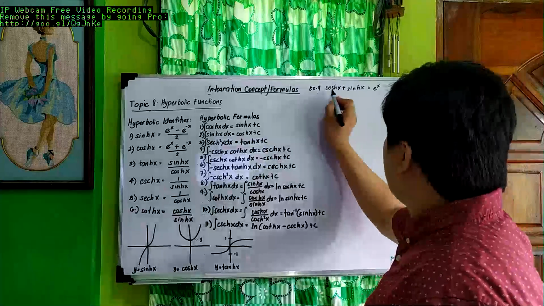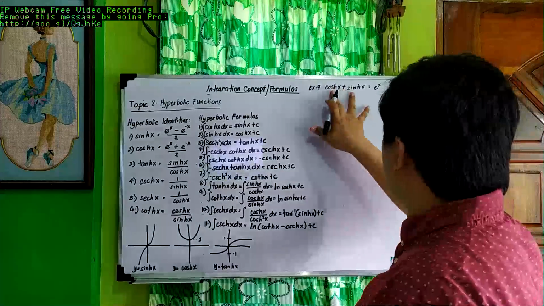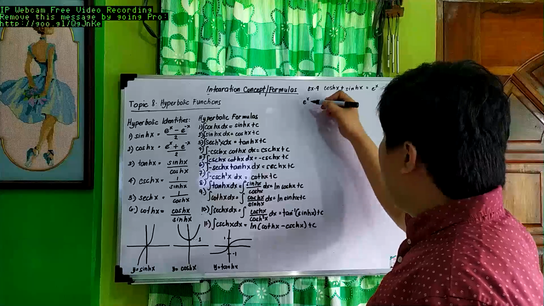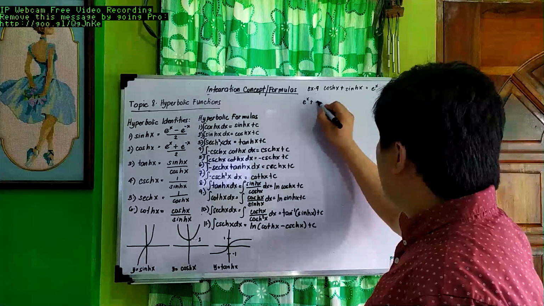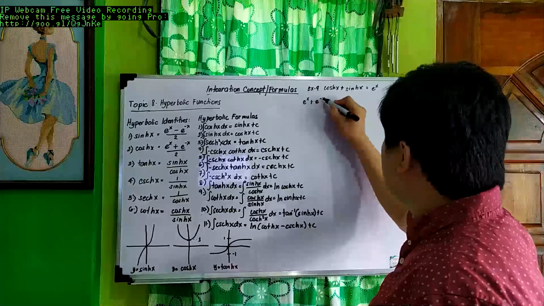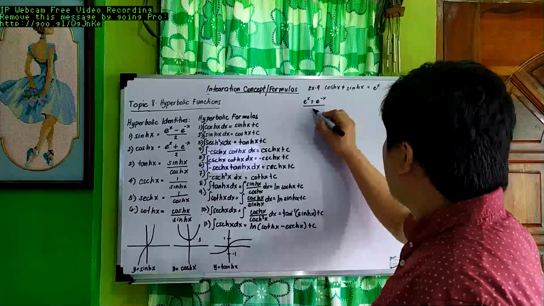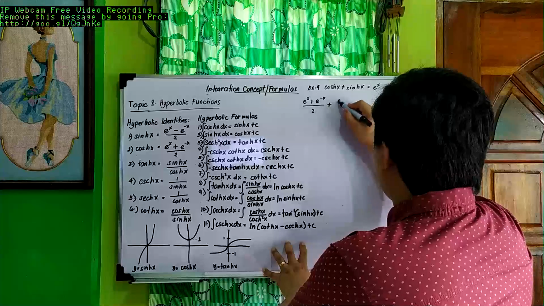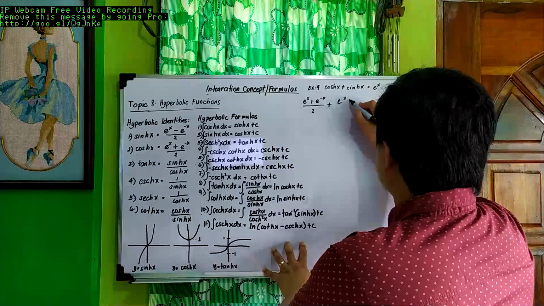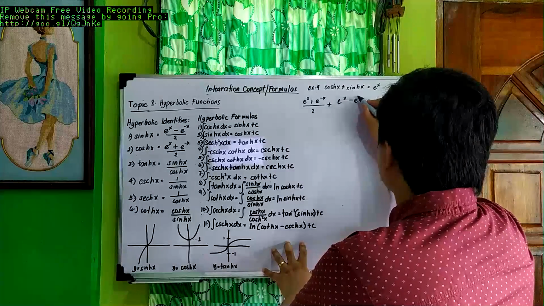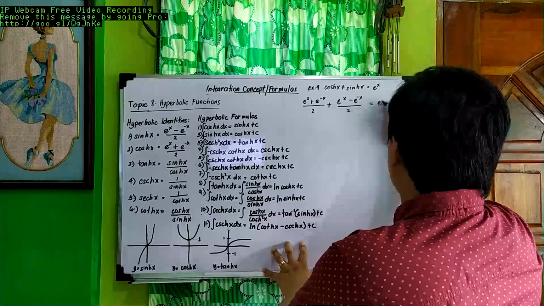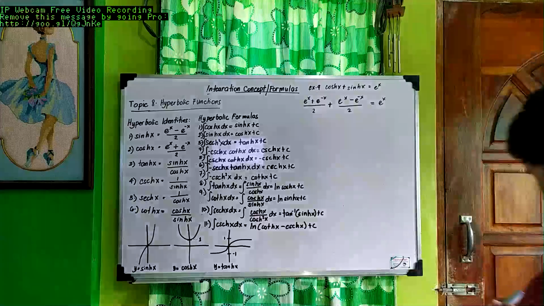So, let's substitute the equivalent of these two, that is e raised to the power of x plus e raised to the power of negative x over 2, plus e raised to the power of x minus e raised to the power of negative x over 2, which must be equal to e raised to the power of x, right?